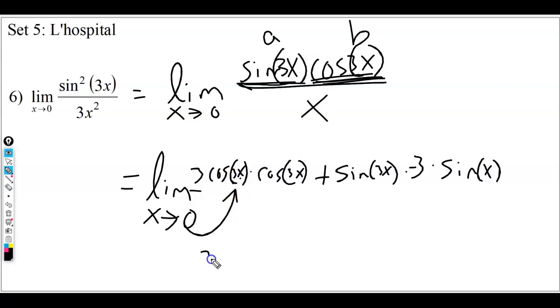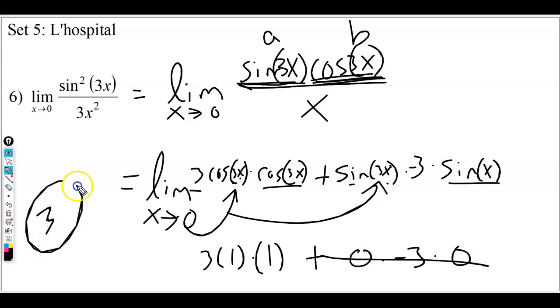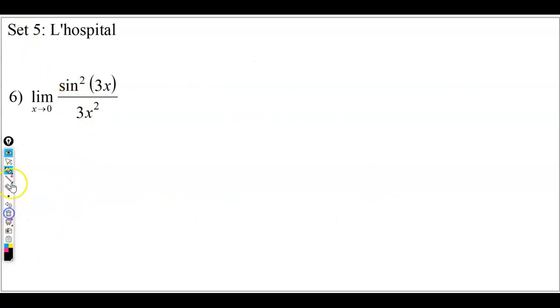So we have 3 times 1 times another 1, plus, plugging in 0 here, 3 times 0 is 0, and sine of 0 is 0, times negative 3 times, plug in 0 here, you get 0 again. All that's just 0, so we don't pay attention to it, and the final answer is 3. Okay, so that was an example where you had to do L'Hopital.